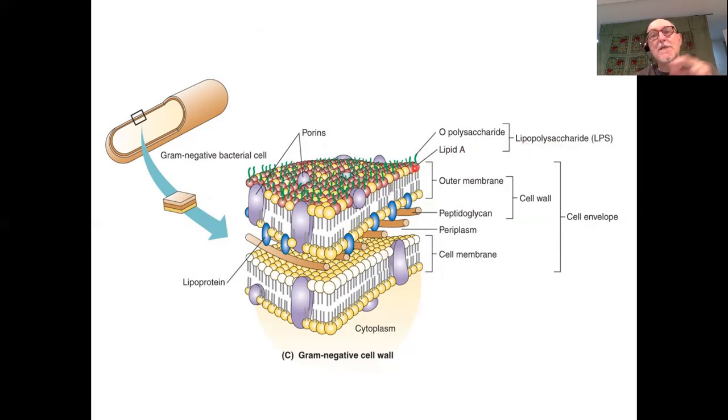Now, the reason I emphasize those, the polysaccharide and lipid A and the lipopolysaccharide, etc., is because these substances are very strongly antigenic. They can excite a very powerful immune response. And in fact, that response can be so profound that it is actually dangerous.